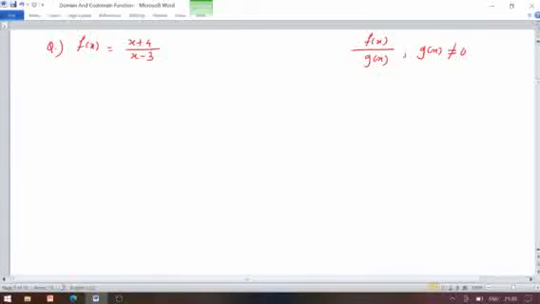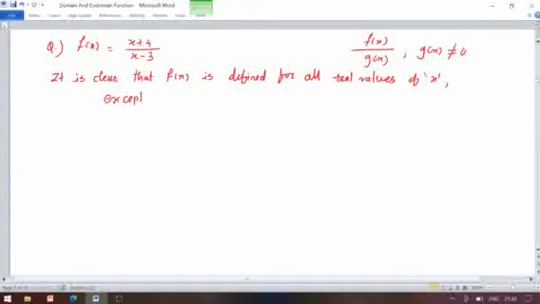So for that, if we would like to consider, it is clear that the value of f of x is defined for all real values of x except for the values where x minus 3 becomes 0.